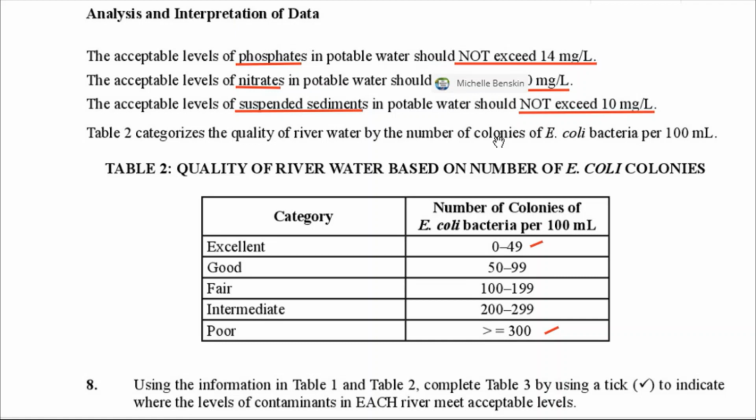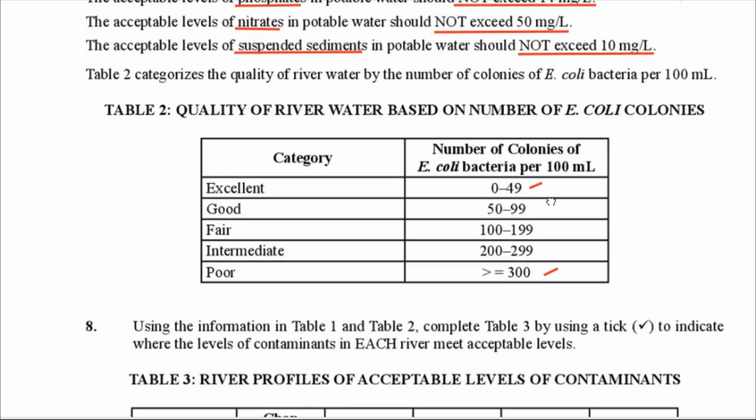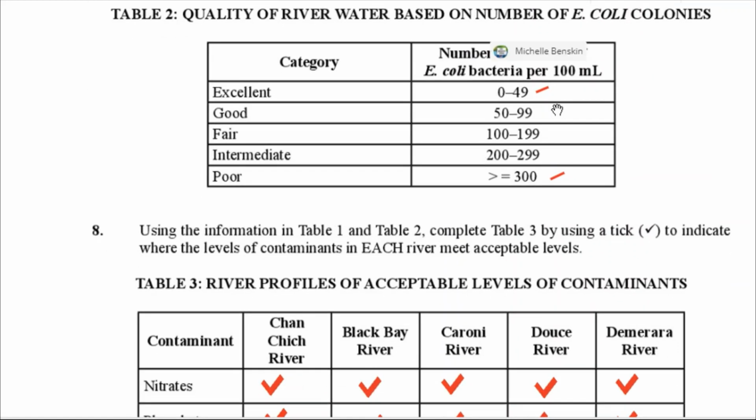Going back to the information, they have to be under 14 milligrams per liter. So all of these fit the bill. They're acceptable because they do not exceed 14 milligrams. So that is basically how you're going to approach filling out this table.